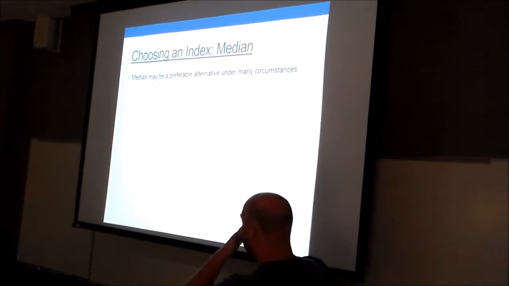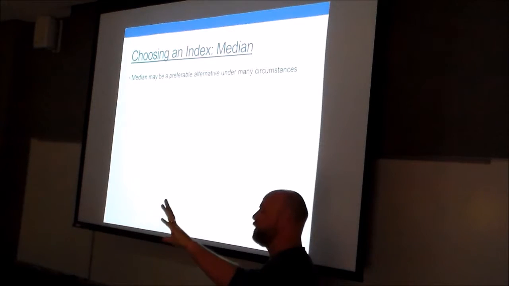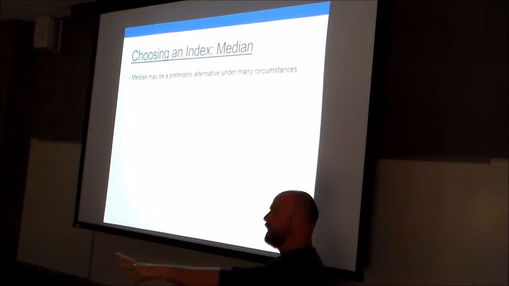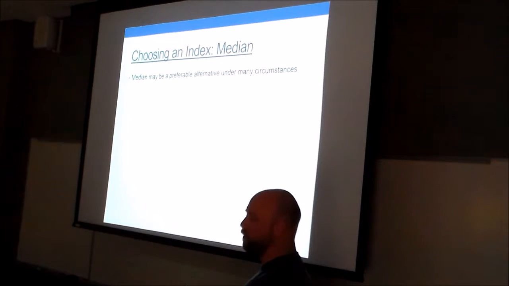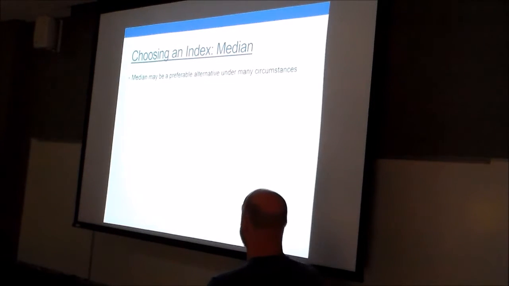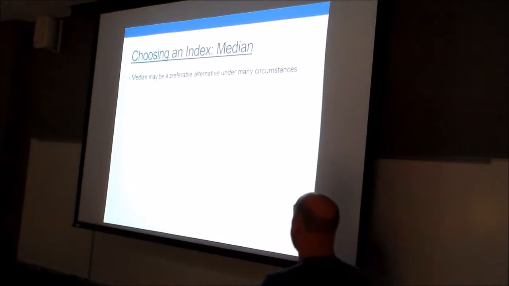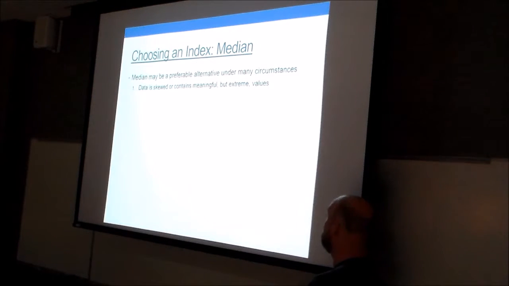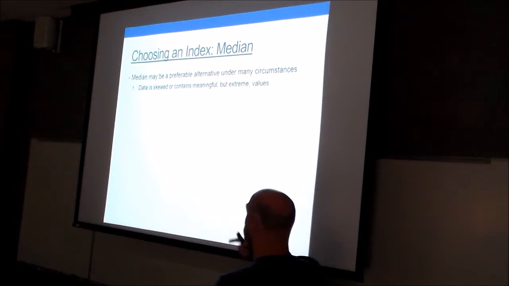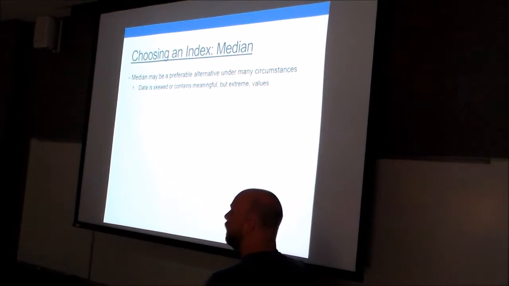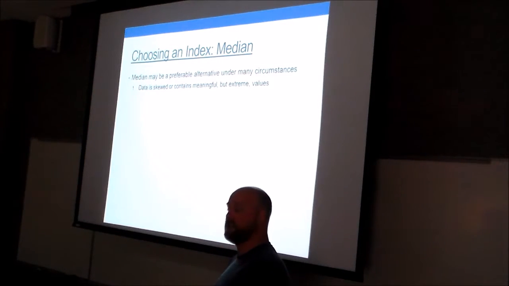But in general, we're going to say, well, we're close enough. We're going to try and use the median, but in some cases, median is just going to be horribly inappropriate in terms of measuring central tendency. Median is going to be preferable in some circumstances if we've got skewed data and meaningful but extreme values. Income is a good example of this.